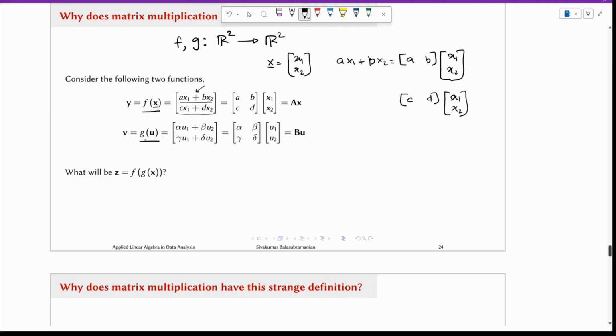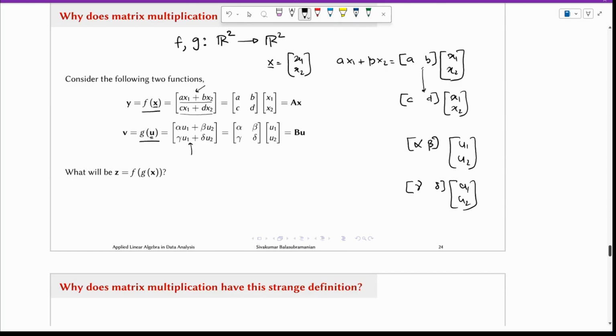Similarly, let's say we have another linear transformation G, with an input U. U is also from R2, so it's U1, U2. The first element of V is given by alpha U1 plus beta U2. This is essentially the inner product of alpha, beta with U. And the second element is simply the inner product of gamma and delta with U. Right?